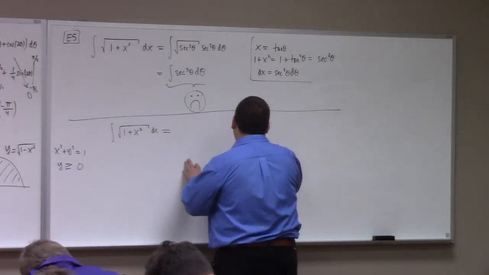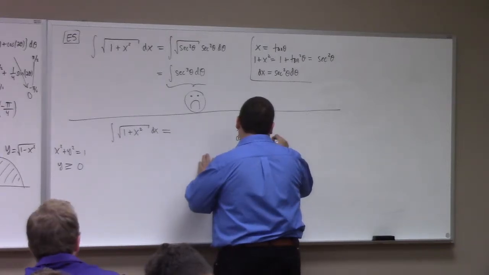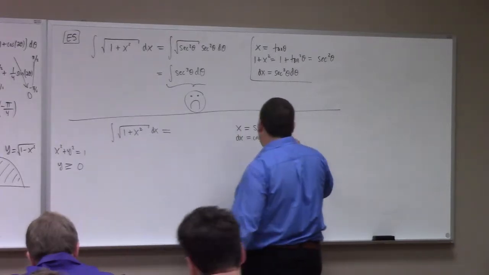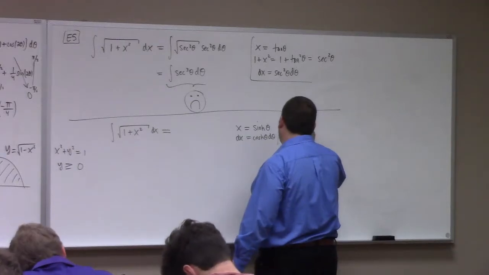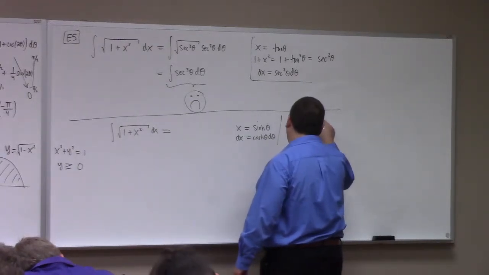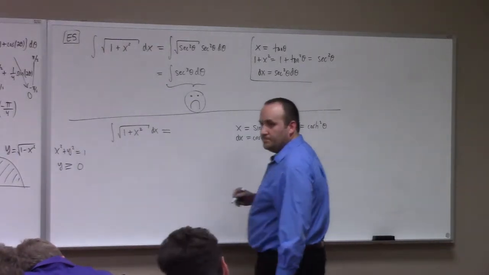What's dx? dx is cos theta d theta. And as I was just saying, 1 plus x squared is cosh squared theta.